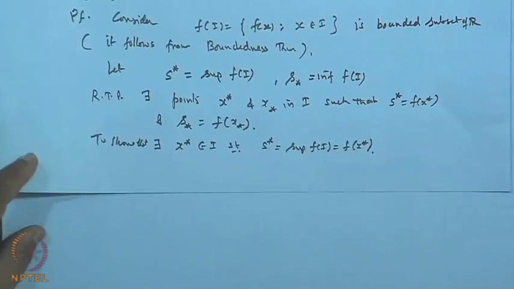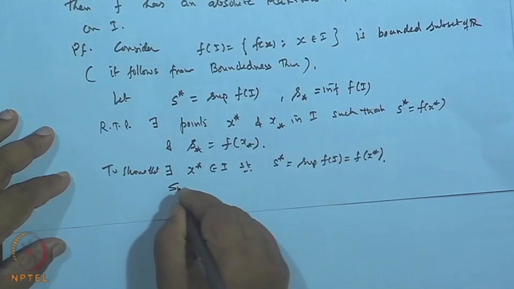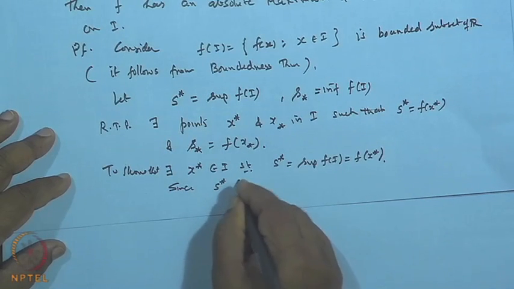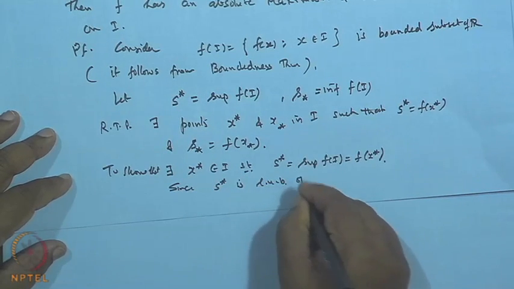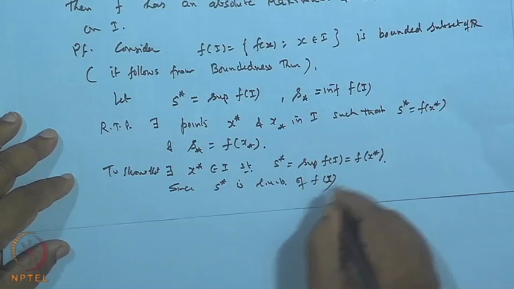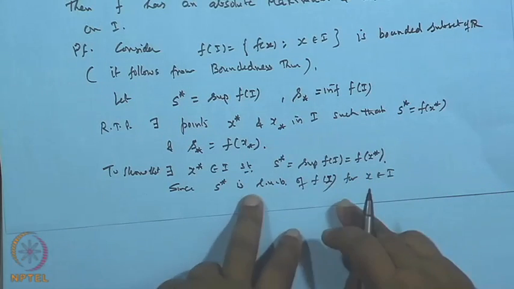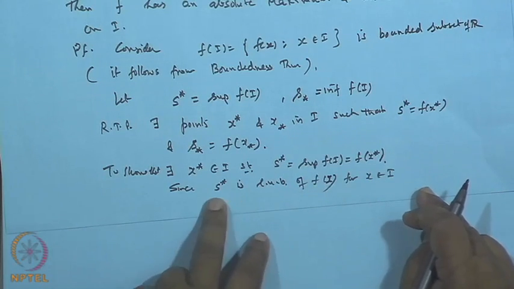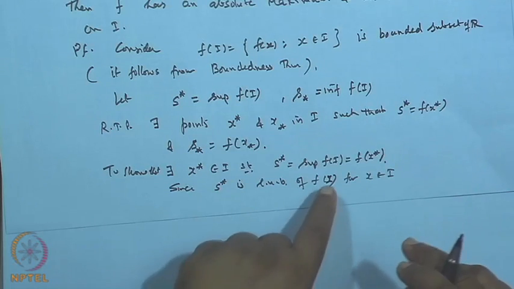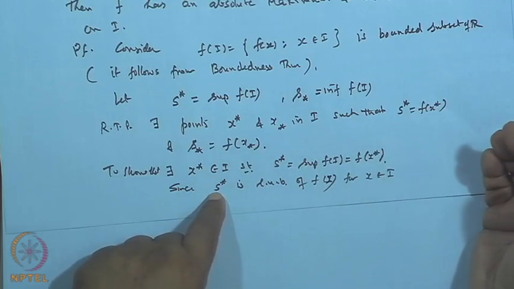Since S star is the least upper bound of the function f of x for x belonging to I, if I choose a number slightly lower than this, it cannot behave as a least upper bound.